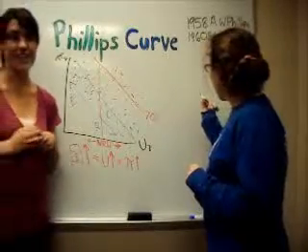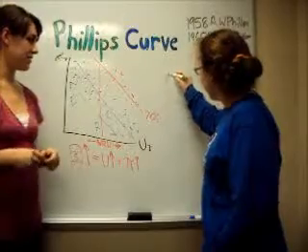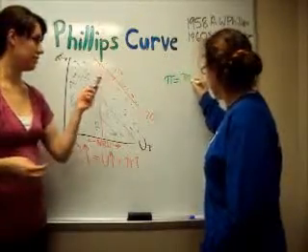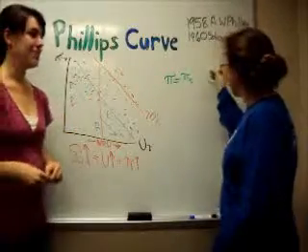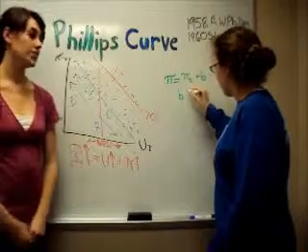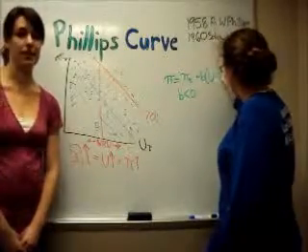Alright, so our new equation, the current equation that we use today, is inflation equals the expected inflation, modeled with a pi e, plus b, where b is some constant less than 0, multiplied by unemployment minus the natural rate of unemployment.